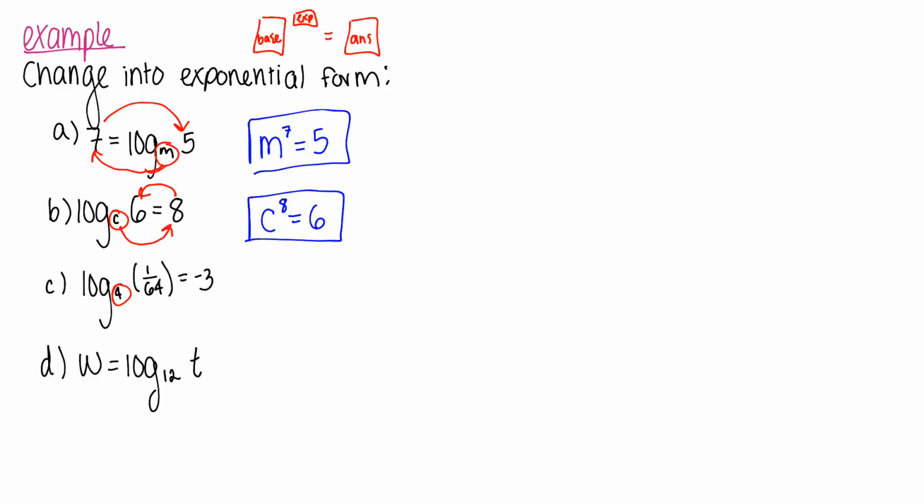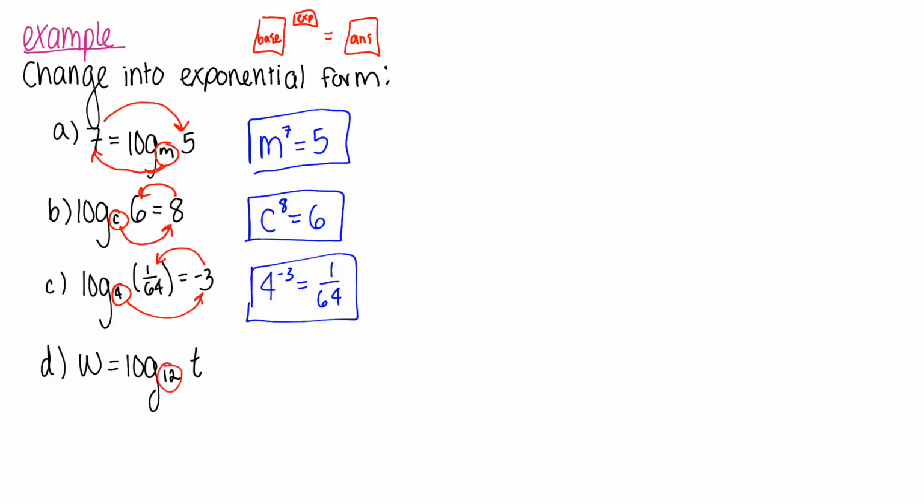Same thing here. Start at the base, so the base is 4, across the equals, so -3 is the exponent, and back again. It's 1 over 64. So 4 to the -3 is 1 over 64. This is actually one you could check on your calculator.